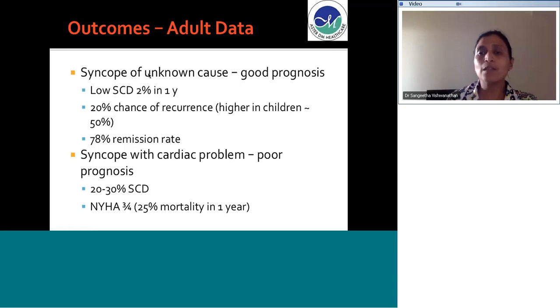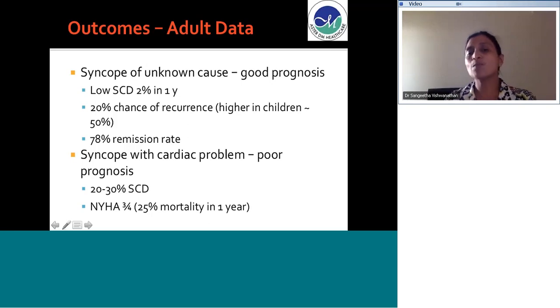Usually in adults, syncope of unknown cause, where there's no underlying cardiac problem, you assess the patient, there's no cause. Usually that has a good prognosis. So there's a low incidence of sudden cardiac death, and there is a chance of recurrence, but the incidence of significant adverse events is very low. Most of them go into remission.